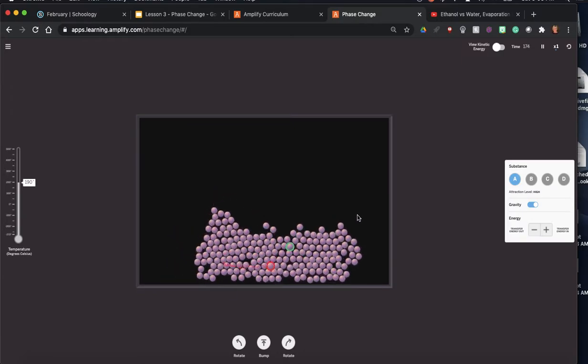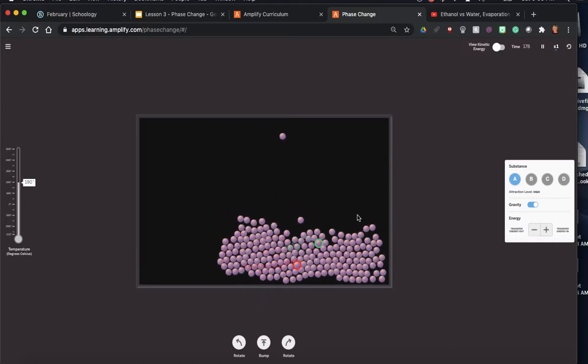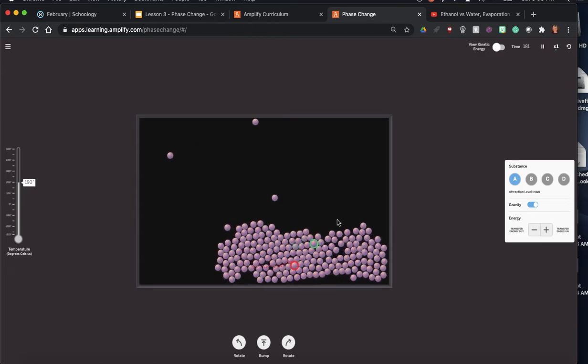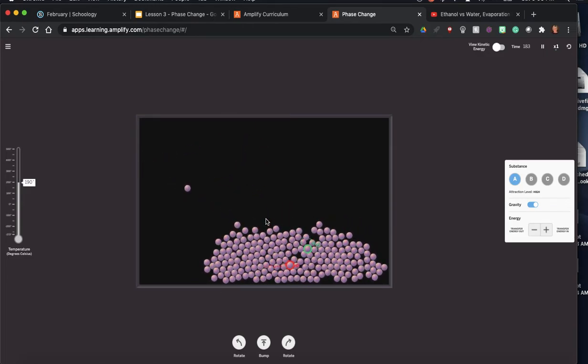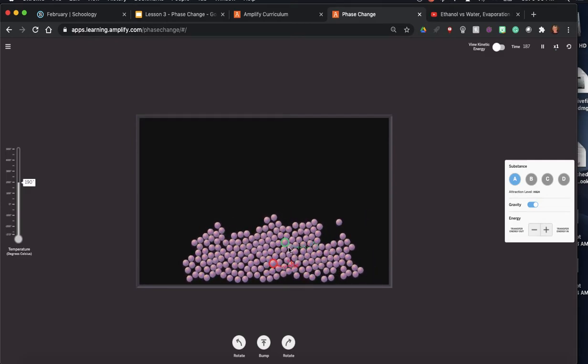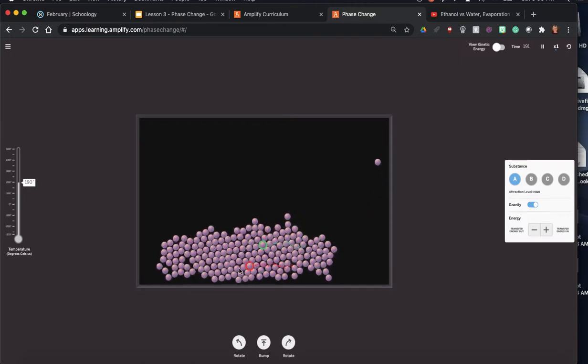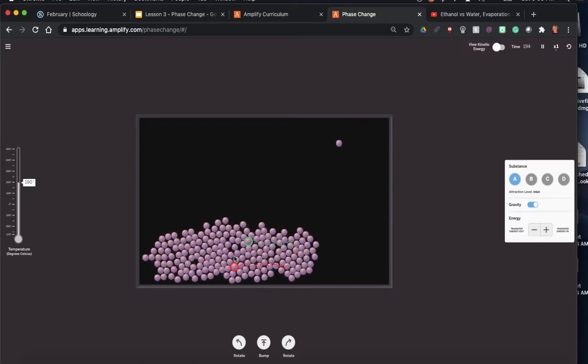I also have some molecules here that are actually flowing past each other. That's interesting. So I've got some change of phase here. If we looked at this on a macro level, this would be a little bit of a liquid, a little bit of a gas, a little bit of a solid. I'd have all of it right here.